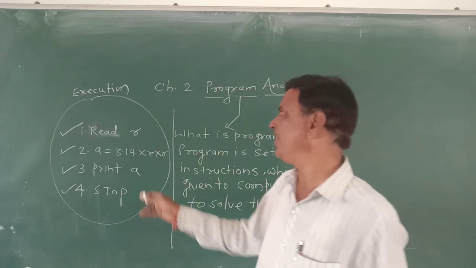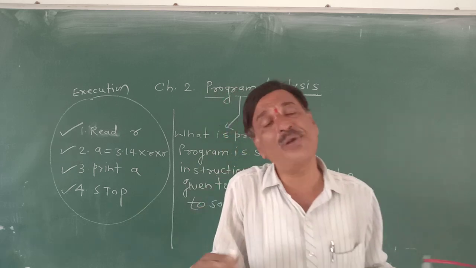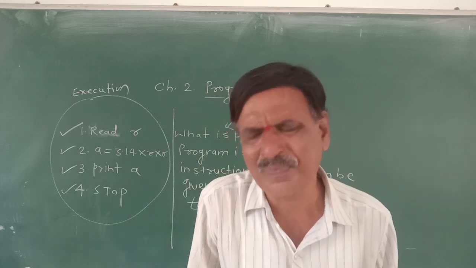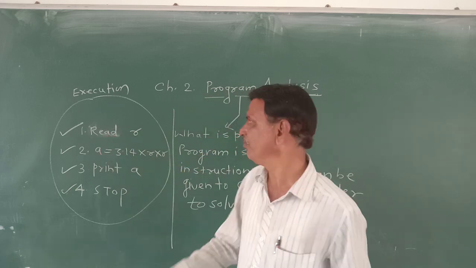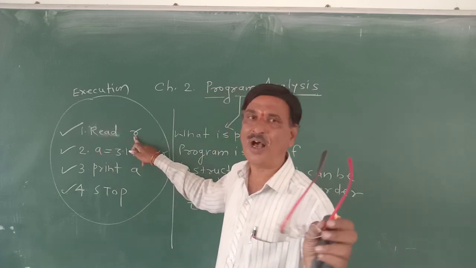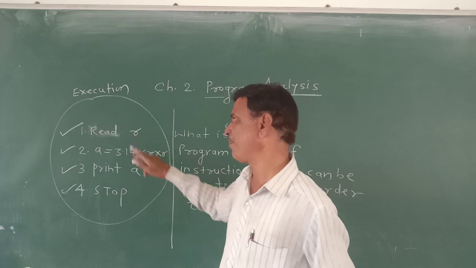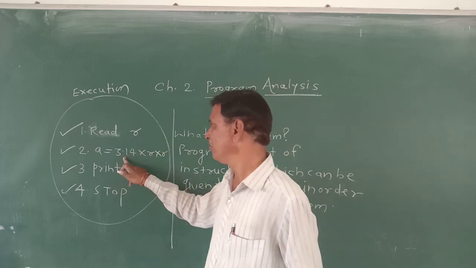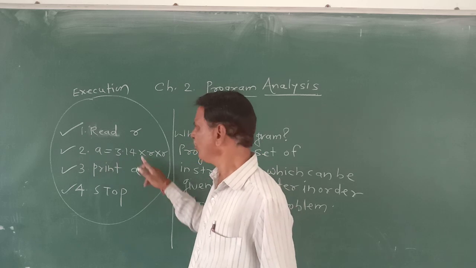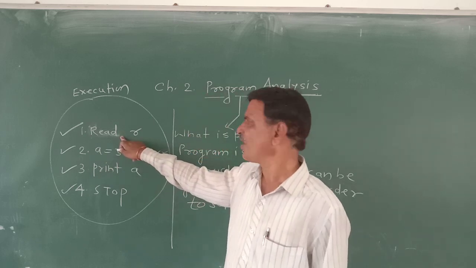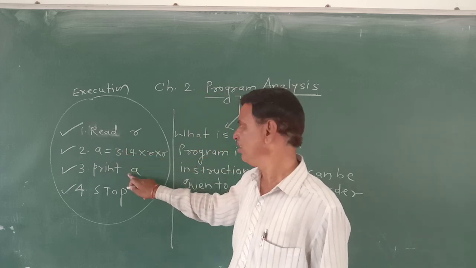Why have we created it and how? Because we know that for area of circle, the value R is essential as a radius. We know the formula, pi r square. We know the outcome. So this is called as input. This is called as a process. This is output.